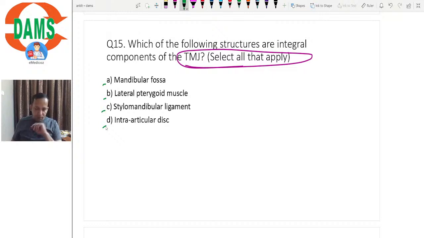So which of these options are correct? Option A is mandibular fossa. Very good, mandibular fossa is an integral part, ठीक है ना? Mandibular fossa.